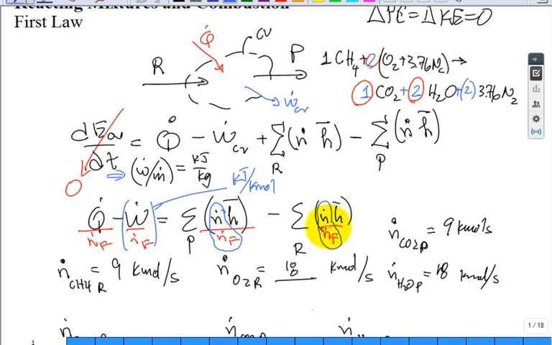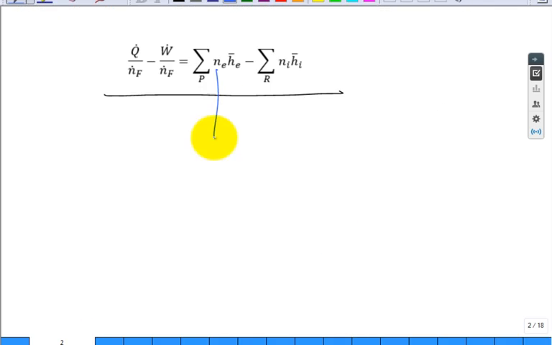Now don't ask me why, but different books will use different symbols for the stoichiometric coefficients. This textbook uses simply N for each of those stoichiometric coefficients, either for the products that are exiting or the reactants that are coming in. I've seen other books use nu. Maybe, if you go back to your chemistry class, you'll remember, oh yeah, that was my symbol for the stoichiometric coefficient, nu.